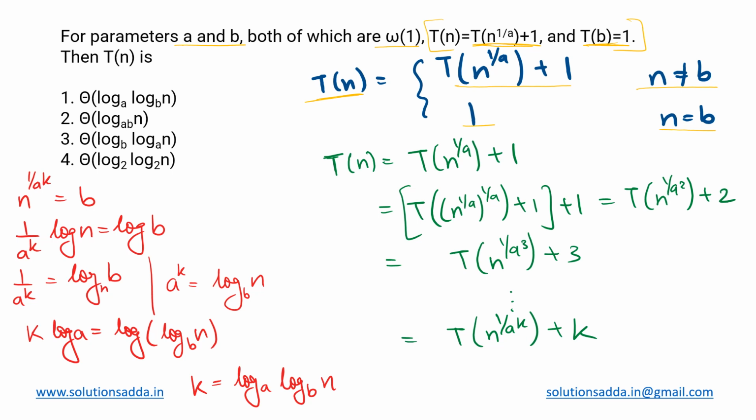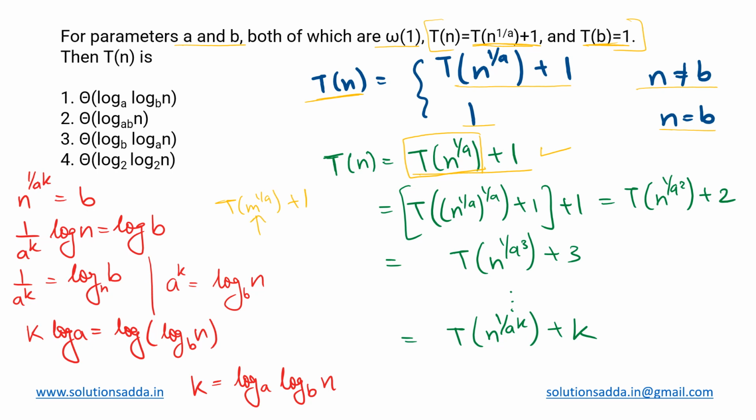For example, as we have shown over here, this T(n) is given as this particular equation as it was already mentioned. After that, if we go on to recursively apply the same formula, then for this particular expression, if we consider this to be T(m), that would be further decomposed into T(m^(1/a)) + 1, but the only difference is that this m will again be n^(1/a).